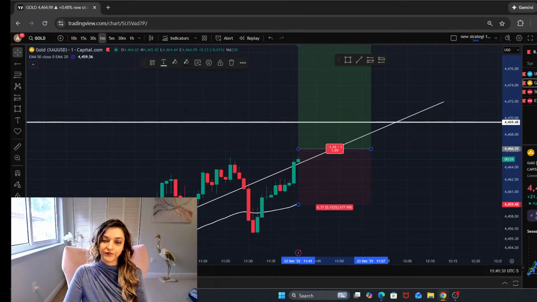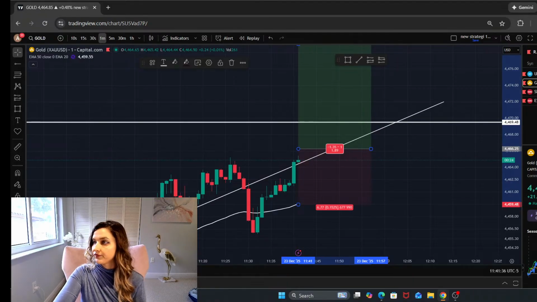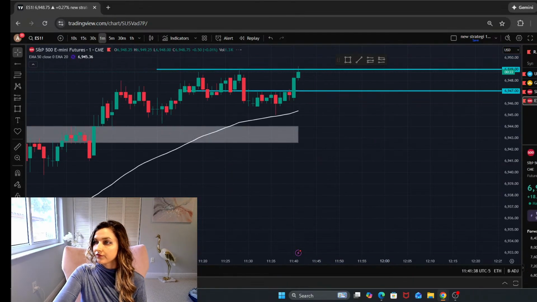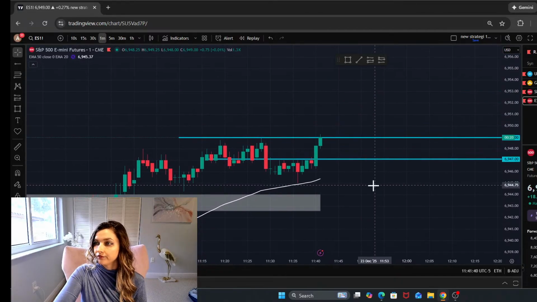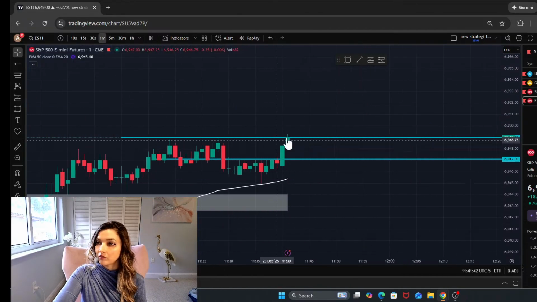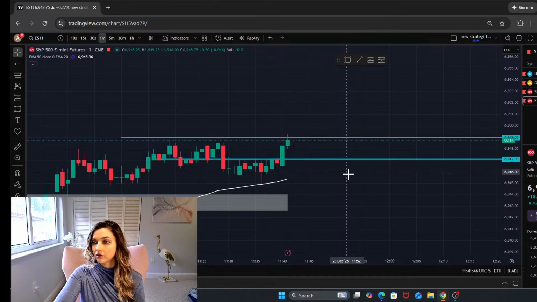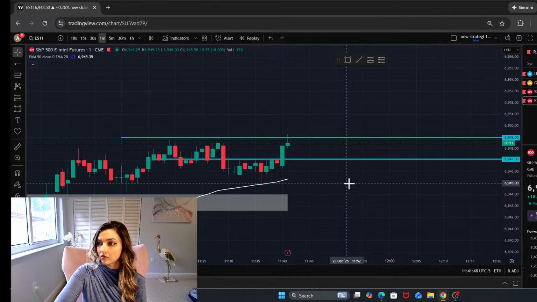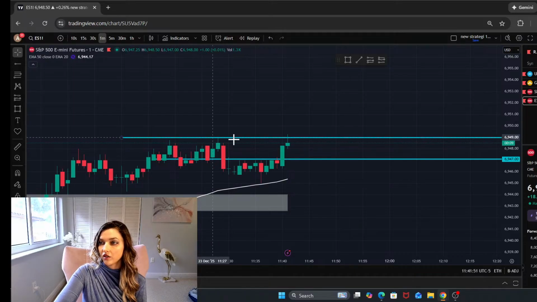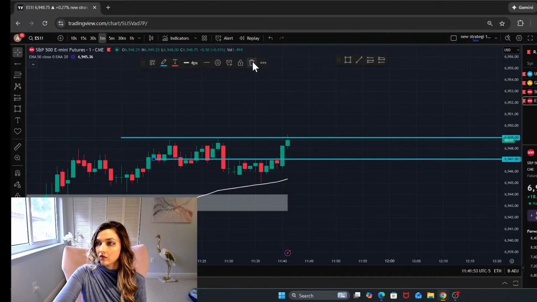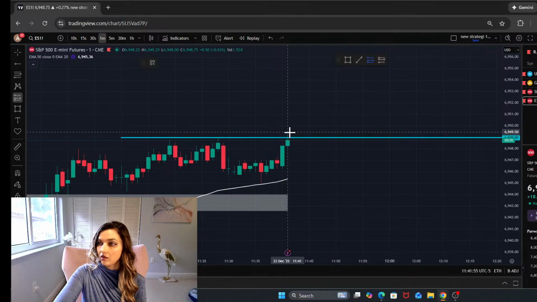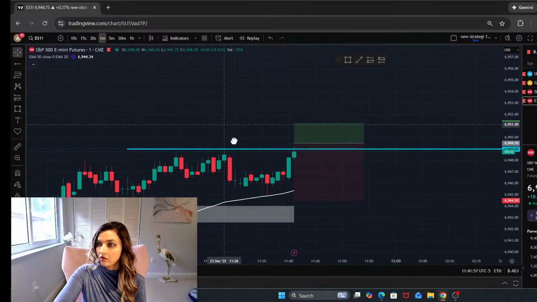It rejected EMA, right? Yep. Maybe going long now. Wait to break this line here and take a long. Here we go, like that.